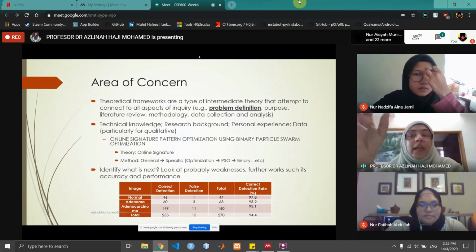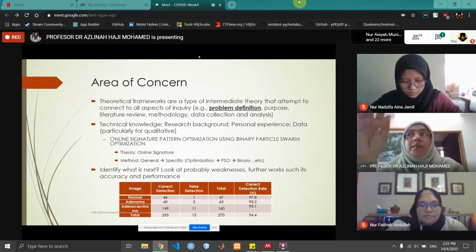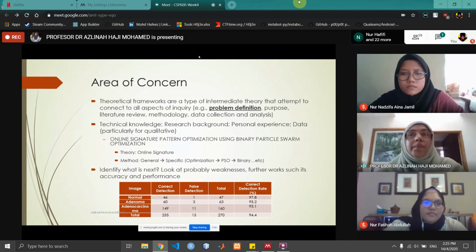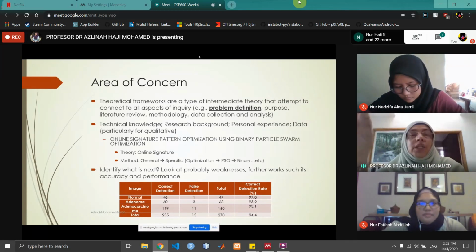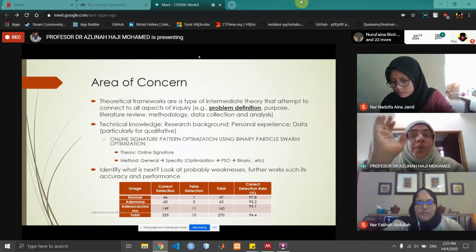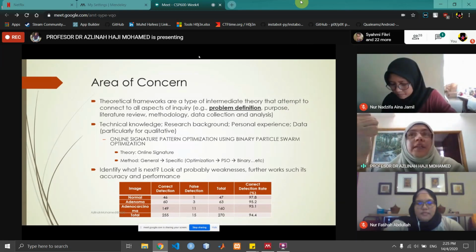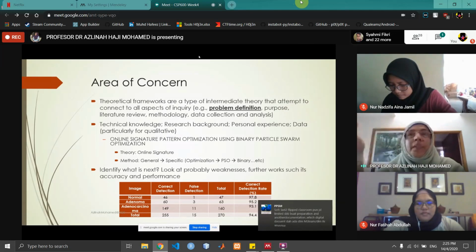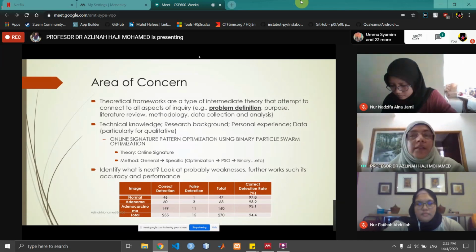So at each point of your proposal, you can have a lot of papers that connect each point. And each point will represent your technical knowledge, which is the research techniques that you're using.